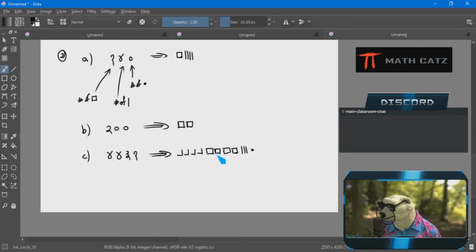So you see here already how much more efficient this updated version is. The old way of drawing all the symbols can give me a representation that's unnecessarily long.